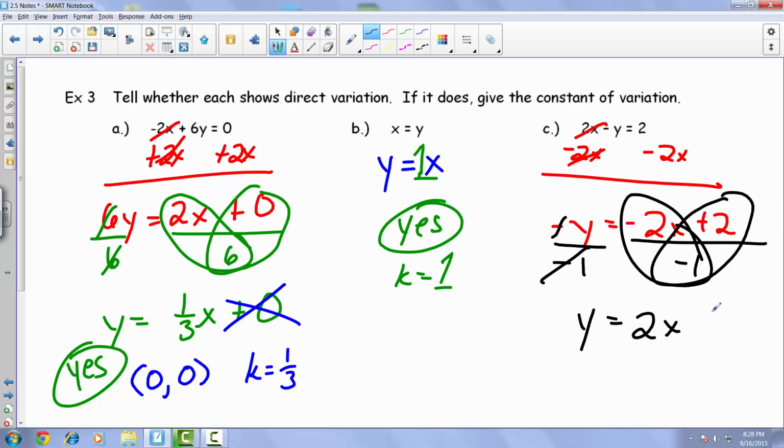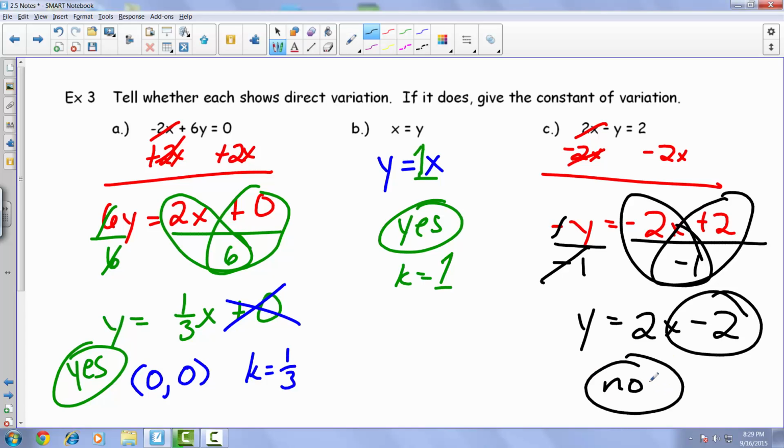Positive 2 divided by negative 1 gives us negative 2, but we notice that we have this y-intercept. And as a result, this will not give us a direct variation. So anytime you see this number on the outside like that, that will not give you a direct variation. So again, that is example 3 from our 2.5 set of notes.